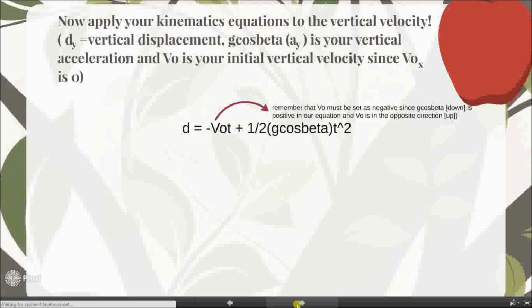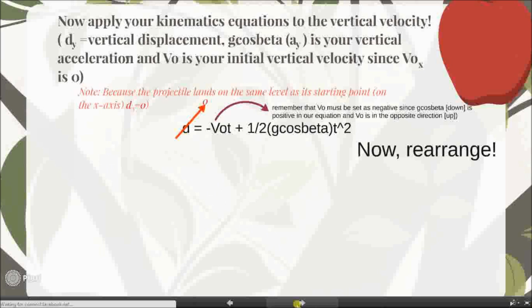Remember that v0 must be set as negative since g cos beta down is positive in our equation and v0 is in the opposite direction, up. Note, because the projectile lands on the same level as its starting point on the x-axis, d equals 0. Therefore, 0 equals negative v0 times time plus 1 over 2 g cos beta times time squared.